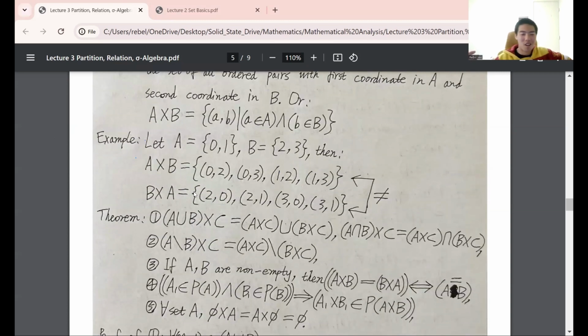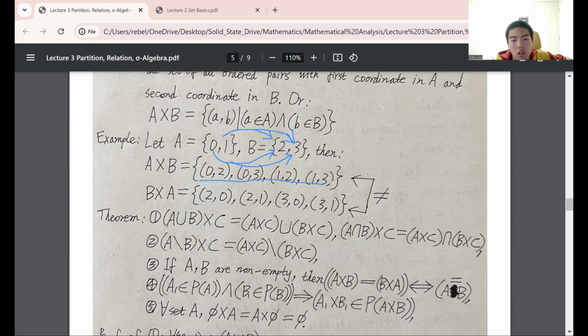Okay, I think an example is the best illustration of what it looks like. Say A has two elements, 0 and 1, and B has 2 and 3. Then A times B is equal to (0,2), (0,3), (1,2), and (1,3). Because it's a for-all relationship, we must find all of the ordered pairs.